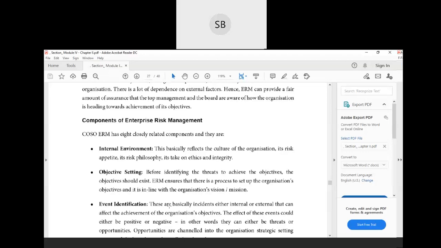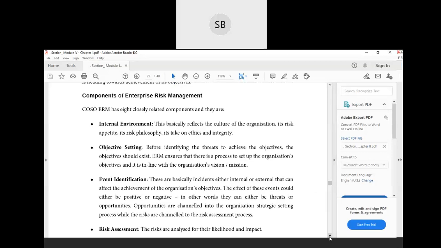Next is event identification. These are basically incidents, either internal or external, that can affect the achievement of the organization's objectives. So what are the external ones? Now you see the world was running smoothly, every industry was working properly, but due to the pandemic, companies suddenly suffered lots of losses, right?